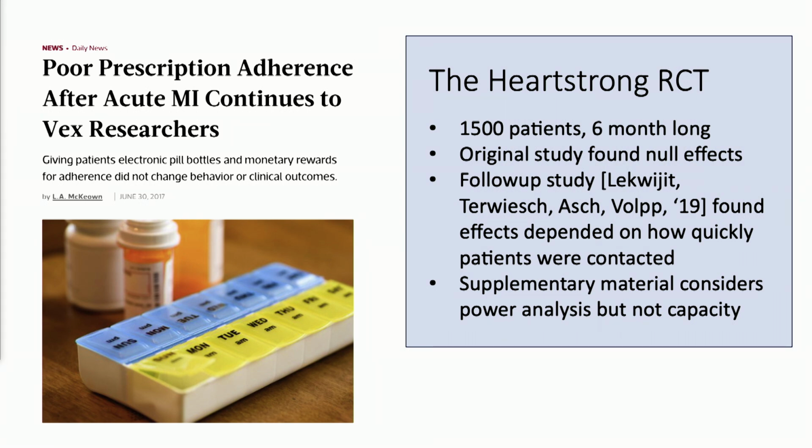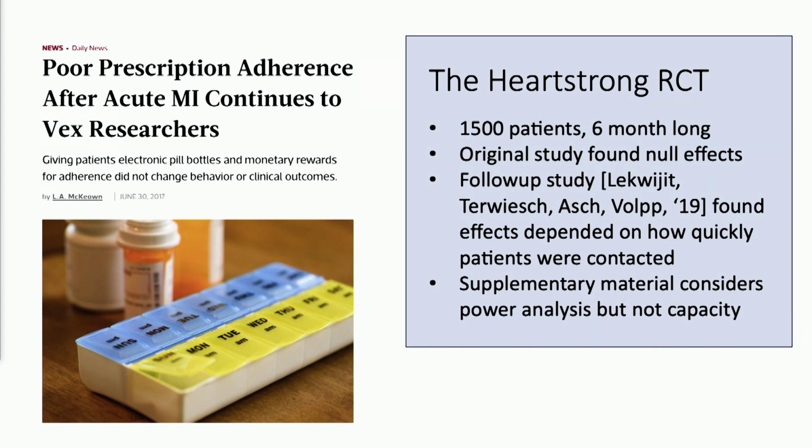Well, 2 years later, the same authors came up with a follow-up study where they looked at different patients in the trial and saw heterogeneous wait times, how long the patients needed to wait before they were called after they stopped taking their medication. For the people who didn't have to wait very long, they actually did see a positive effect. So again, this is another setting where we see the same phenomenon.